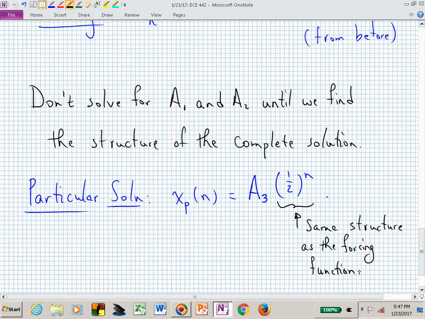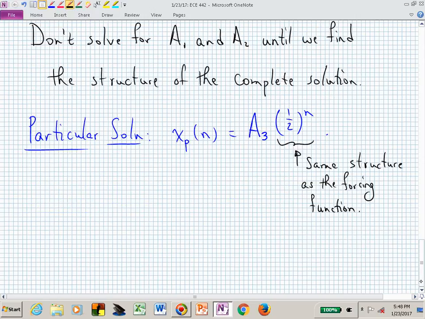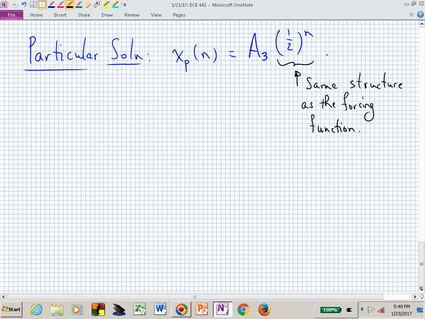And if it so happened that one of our homogeneous solutions or roots was 1/2, then we would have put in an a sub 3 times n, little n, times 1/2 to the n for our particular solution. We need it to be linearly independent of the different structures that we have to contend with.